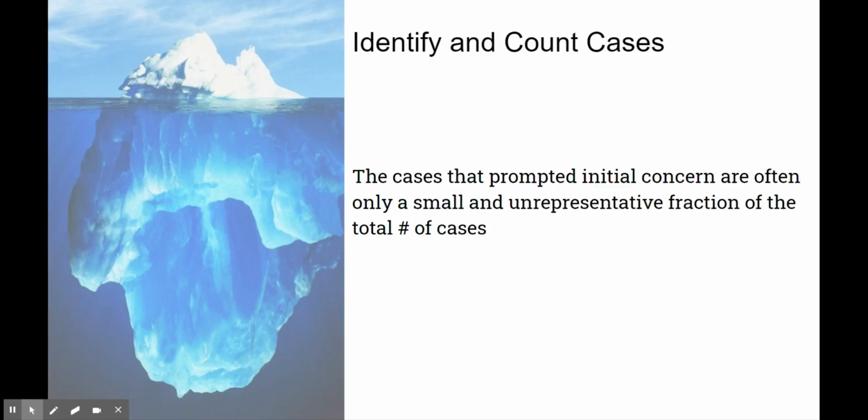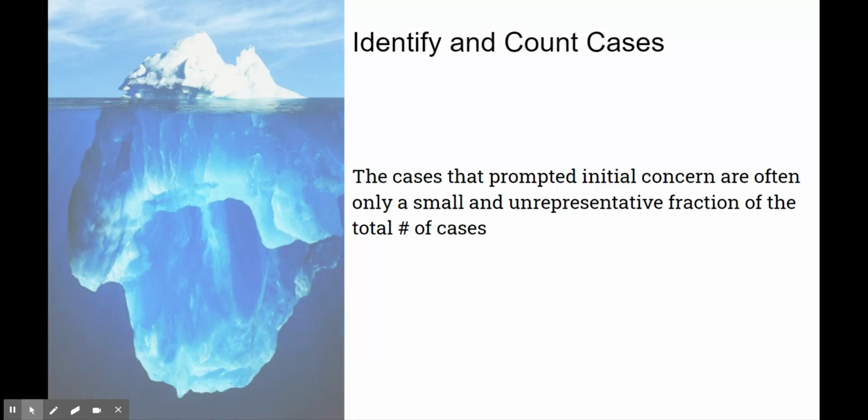Some people might have very mild illness and never seek medical attention. We can only essentially count the cases that we can see, at least early on, until we start doing more sophisticated kind of testing. And I think we'll get into that later in the class.